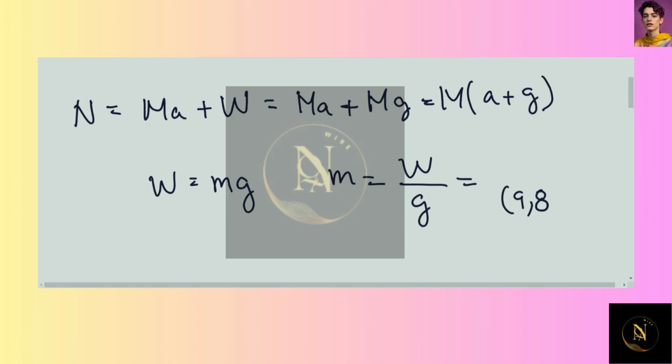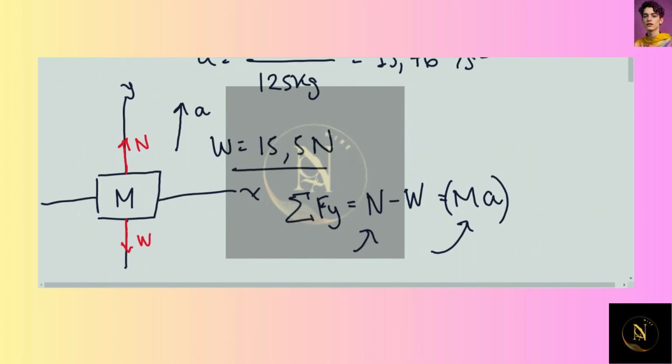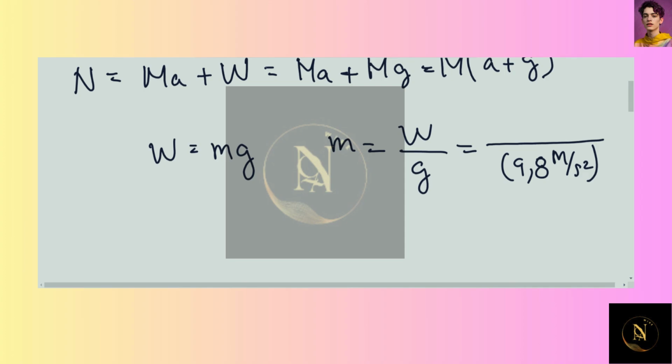We know that the acceleration due to gravity is 9.8 meters per second squared, and the weight we are given, which is 15.5 newtons. So we put this in here, and we obtain that the mass, the capital M mass of the power supply, is equal to 1.6 kilograms.